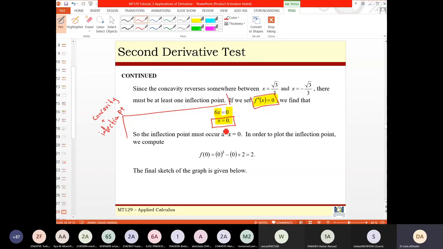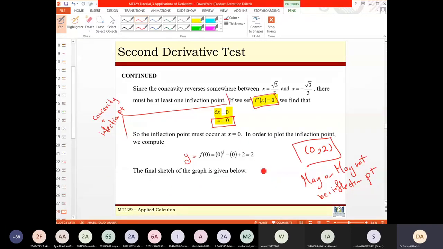The y of this point: f at 0 is equal to 2. So my point is 0 and 2. This may or may not be an inflection point. Now, how can I be sure about this? We study the sign of f double dash.